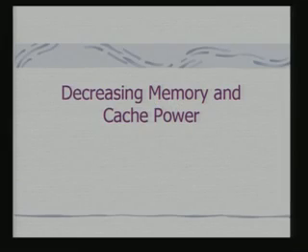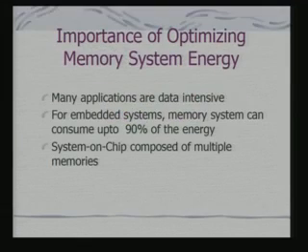Now, we shall look at memory and cache issues related to the power. So far, we had looked at primarily the processor. So, what is the importance of optimizing memory system energy? Many applications are data intensive, that means your data is in the memory and you need to access memory for writing and reading the data.